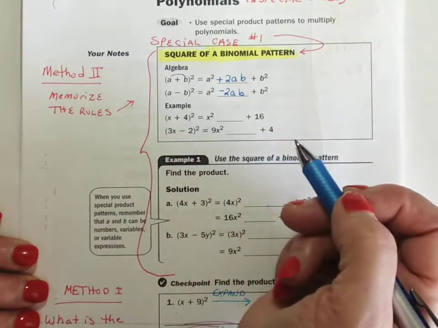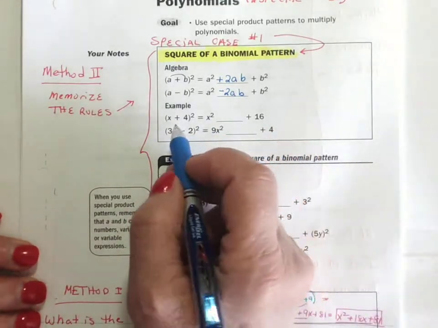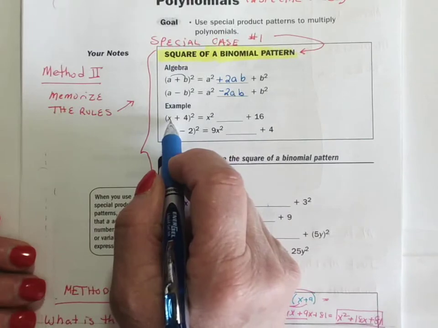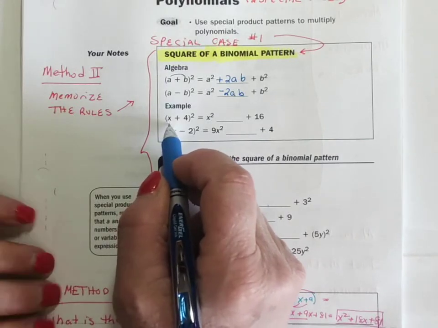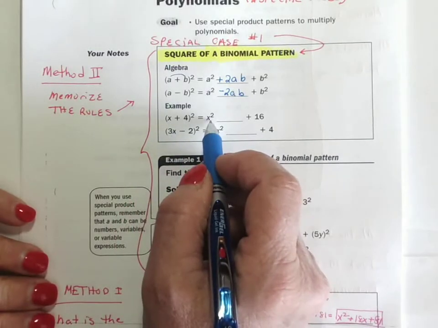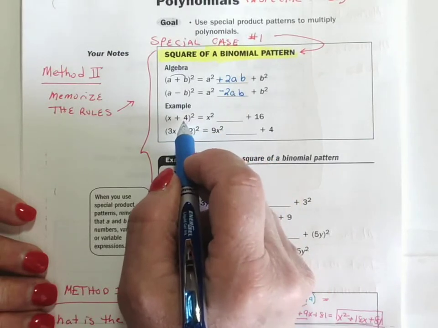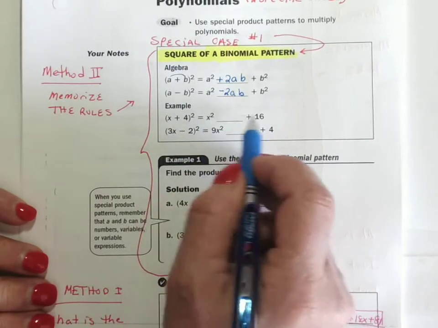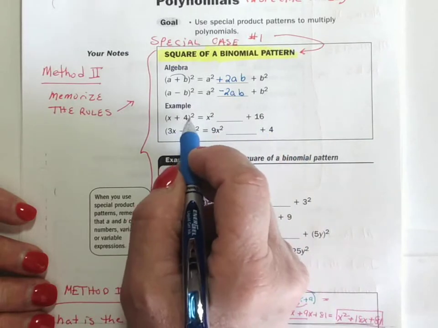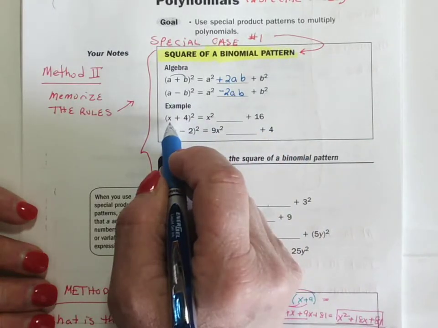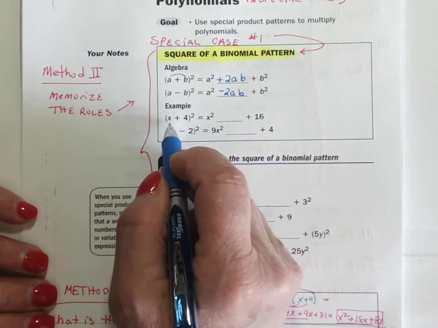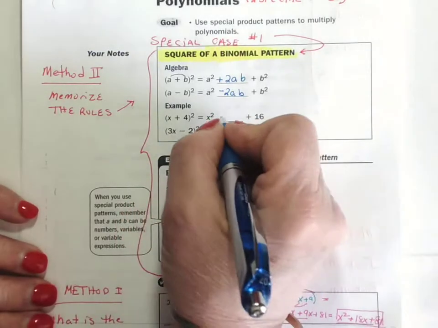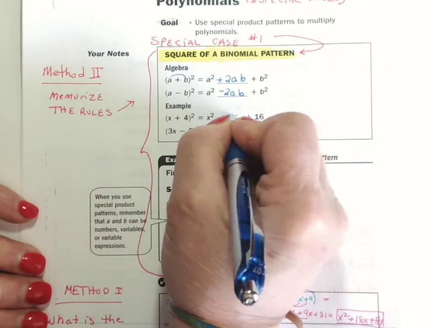Now here, we take the first term, x squared. Take the last term, 4 squared is 16. 4 times x is 4x. Double it, it's 8x.